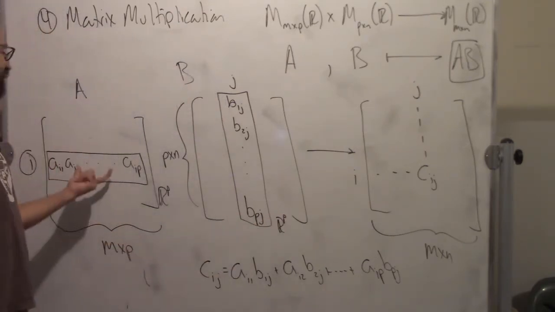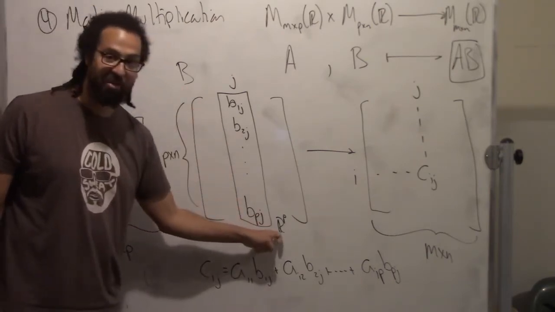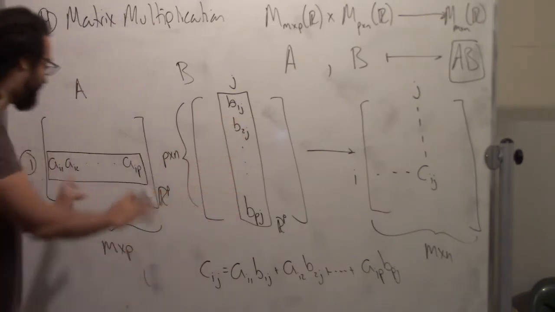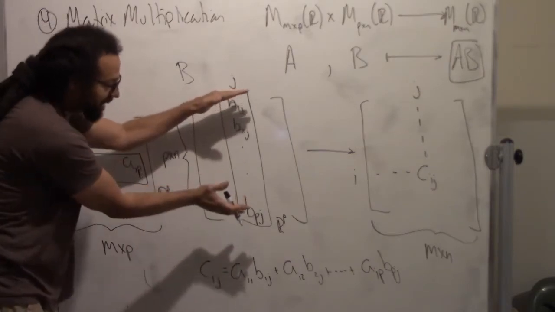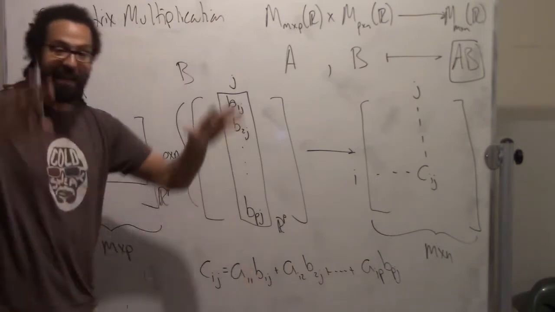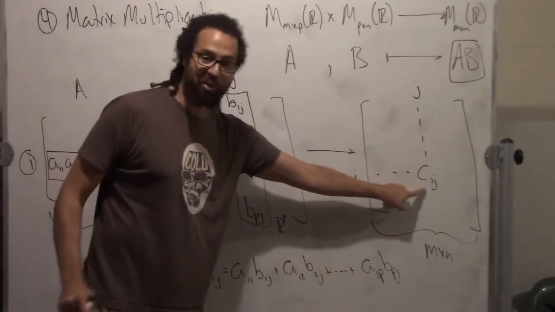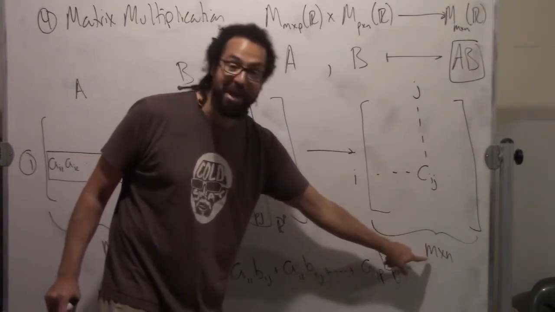We've got a row in A that lives in R^p and a column in B that belongs to R^p, so the sizes of these vectors match. What you do is take this row, twist it to make it match with the column, multiply the corresponding entries together, and then add all of that up. Take that result and put it in the ij entry of the new m by n matrix.